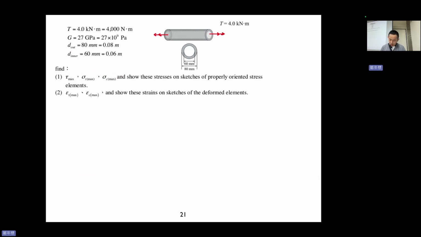It means that the T here is tensile, and of course the C here is compression. And show these stresses on a sketch of properly oriented stress elements, or I mean, just draw the elements and then the direction. And the second part is epsilon T max and epsilon C max, and draw the deformed elements.